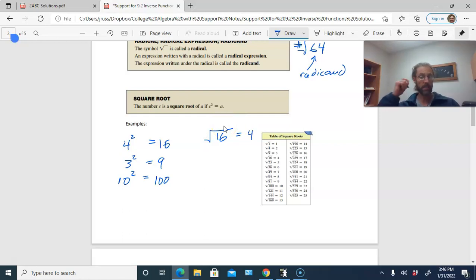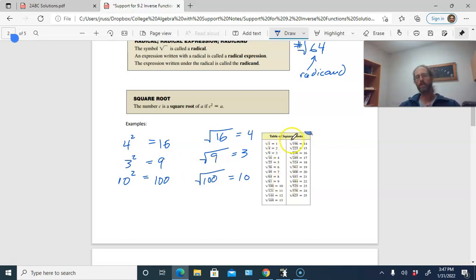The square root of 16 is 4 because if you raise 4 to the second power, you get 16. Or, again, we could say the square root of 9 is 3, because as you saw over here, 3 to the second power is equal to 9. Let's do one more. The square root of 100 is 10. Okay, because 10 to the second power is 100.